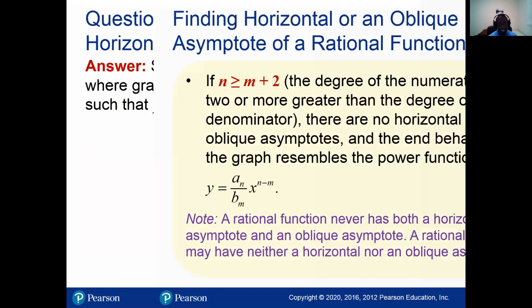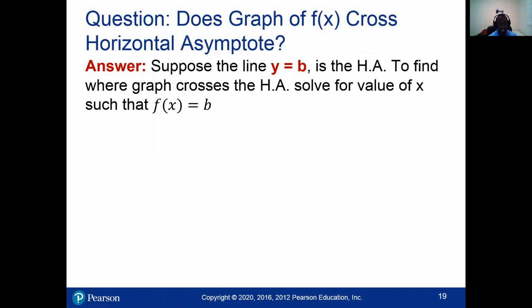Now let's take some examples. But before we take examples, remember I mentioned the graph may cross the horizontal asymptote. So does the graph cross the horizontal asymptote, and how do we answer that? Suppose the line y is equal to b, where b is a constant, is a horizontal asymptote. To find where the graph crosses the horizontal asymptote, solve for the value of x such that in the equation f of x is equal to b.